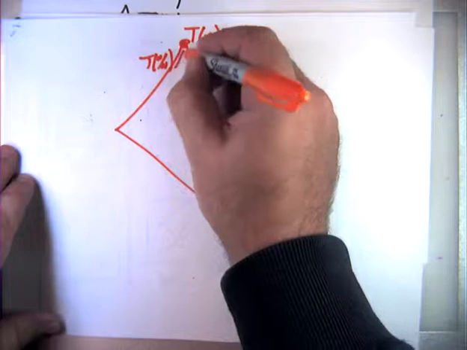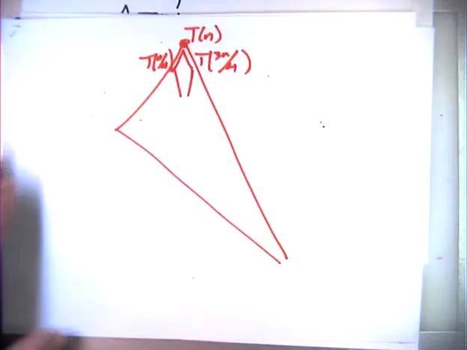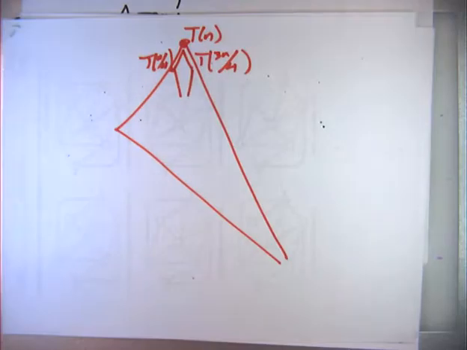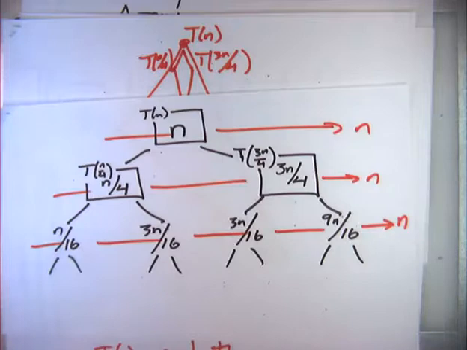So here's 2 subproblems, and then these are going to recurse further down. And so the question is, what do you do? How do I get a reasonable bound for the total amount of work in this tree, given that at every level in the tree I'm going to do a linear amount of work?